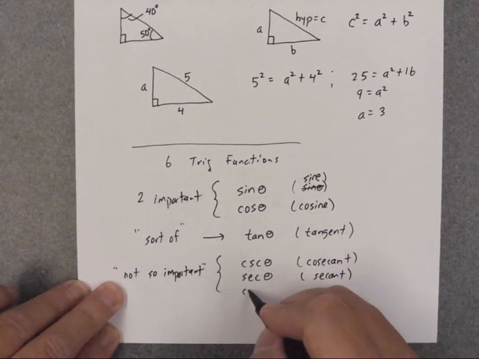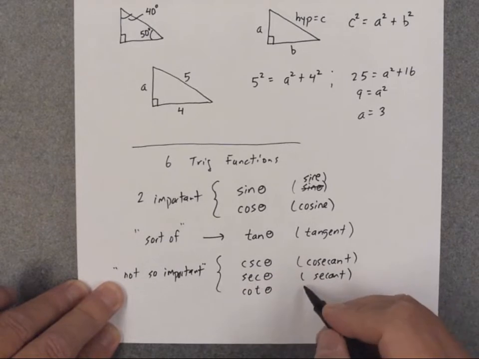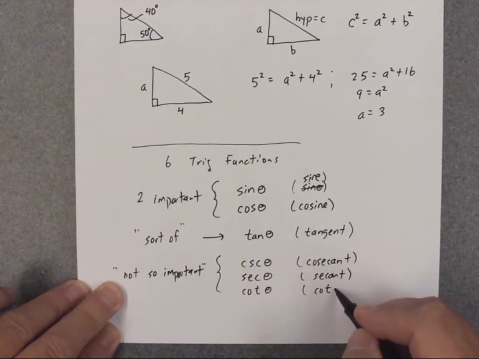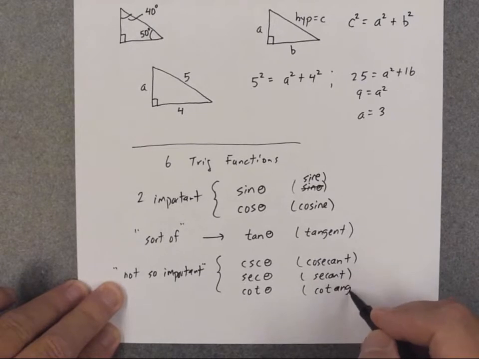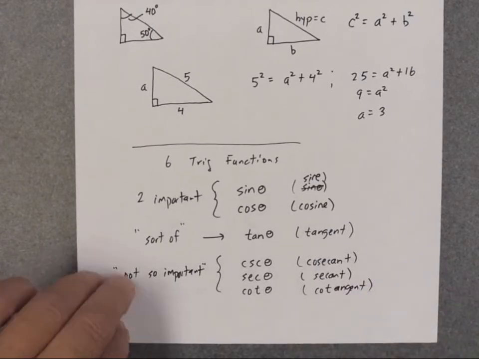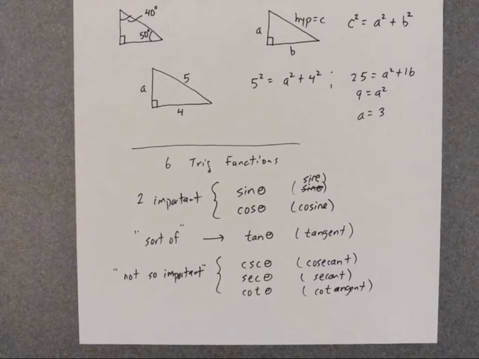And the last one is spelled COT, and it's pronounced the cotangent of theta. So there they are, the 6 trig functions. We've got the two important ones, sine, cosine. The next one that's pretty important is tangent, and the last three are not that important. Cosecant, secant, and cotangent.